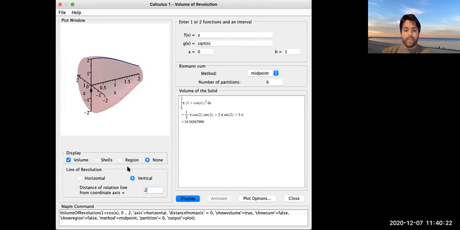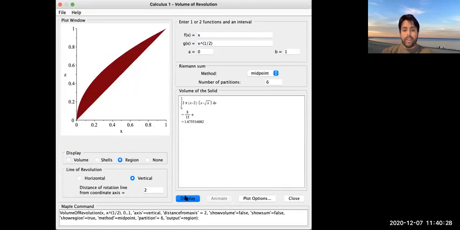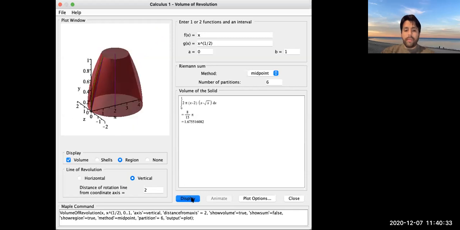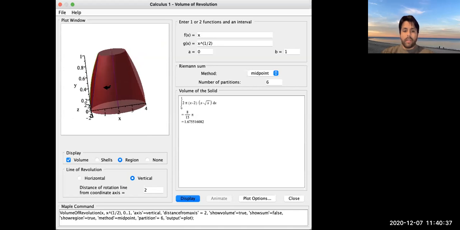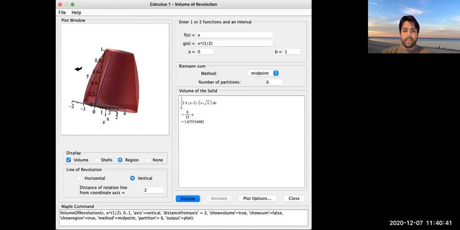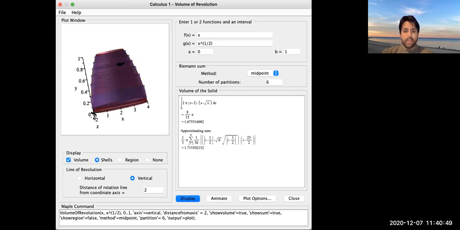And let me just briefly get the region. So if we get the region here, this is exactly what we got, right? And if we get the volume, what do we get? We get this guy here. See that? And if I want to get some shells in the mix, that's what it will look like.